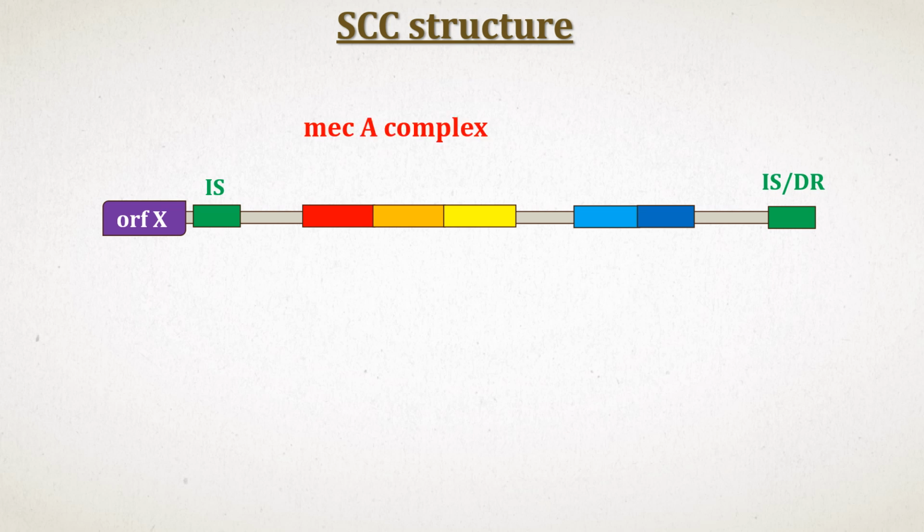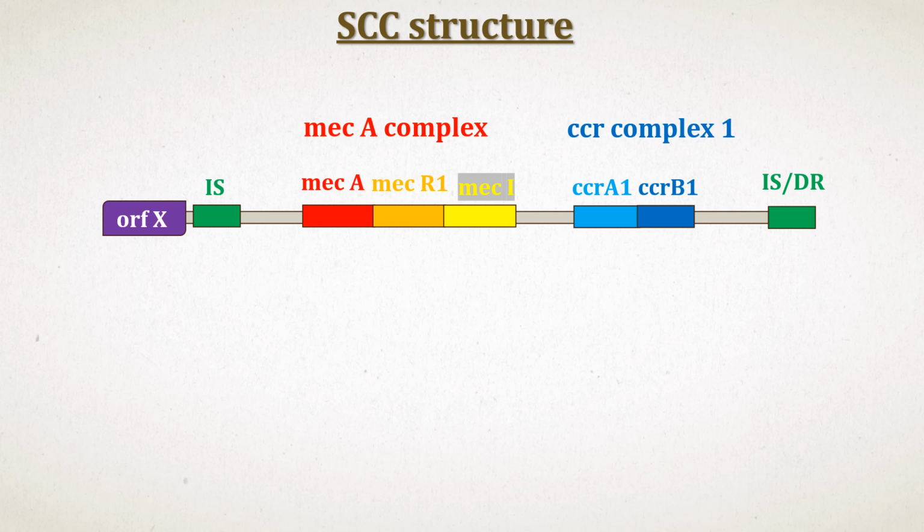The red, orange, and yellow pieces are 3 genes forming the mec complex. If they are mecA, mecR1, and mecI, they will form a class A mec complex. If they are different, the mec complex might be of other classes like class B or C or D or E. The light and dark blue genes form the ccr complex, chromosomal cassette recombinase complex, which codes for SCC recombination.